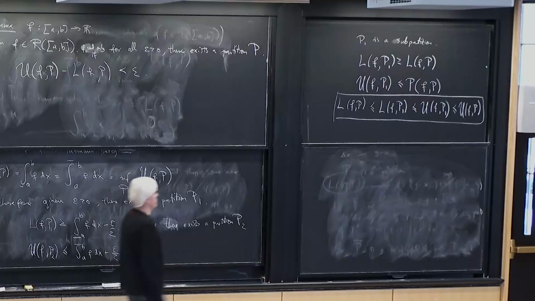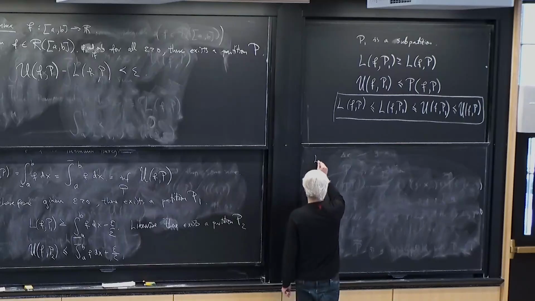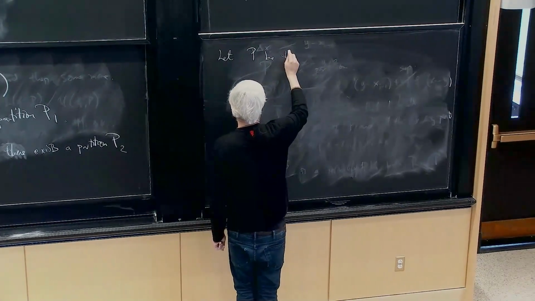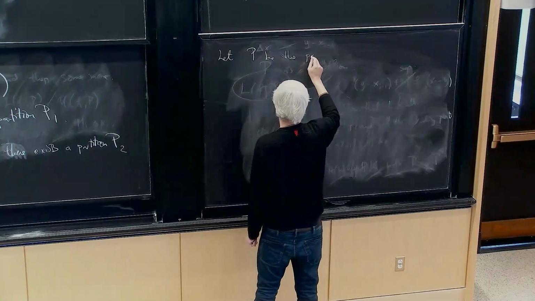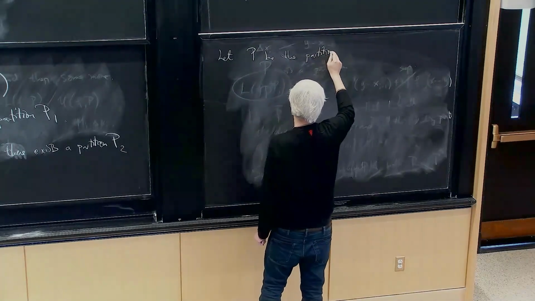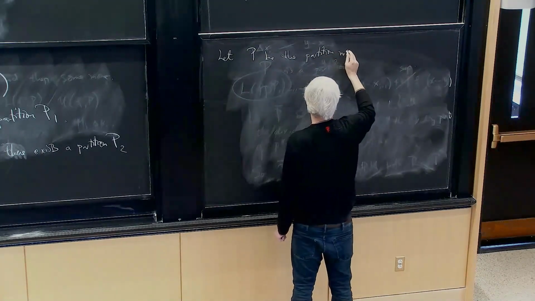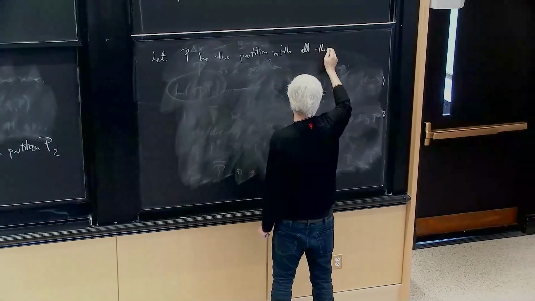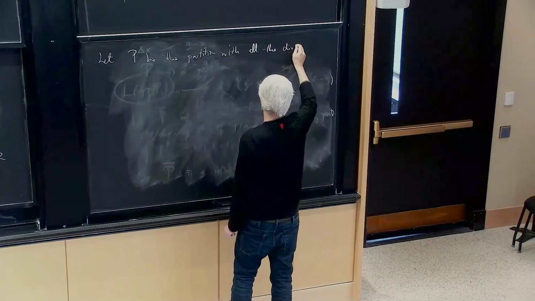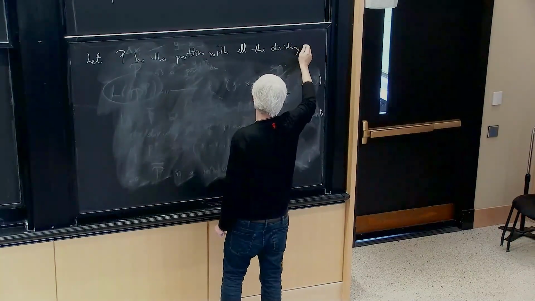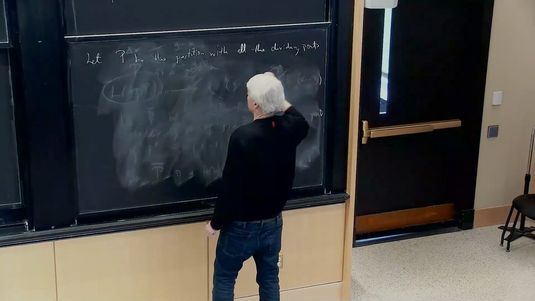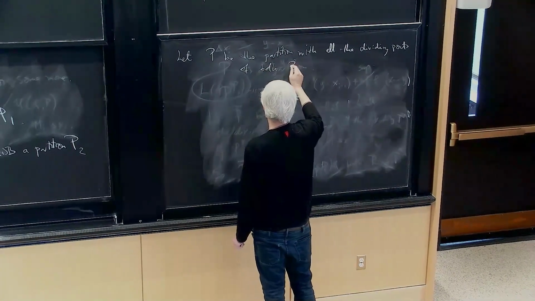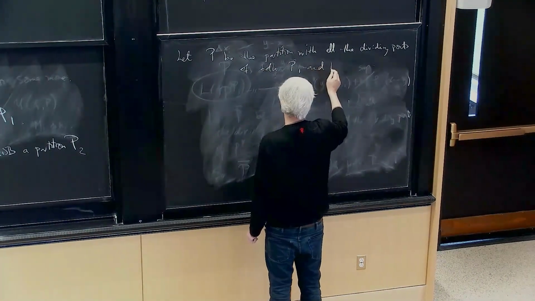So now let P be the partition with all the dividing points of both P1 and P2.